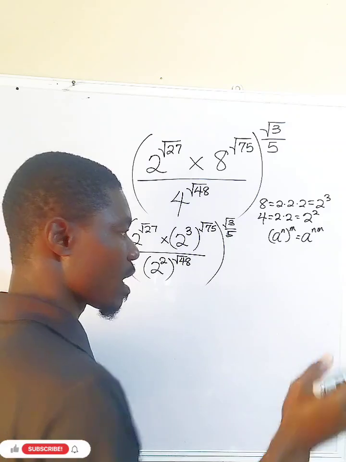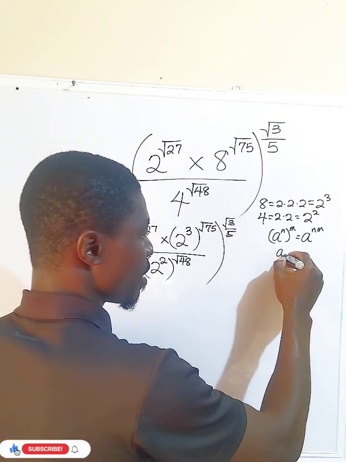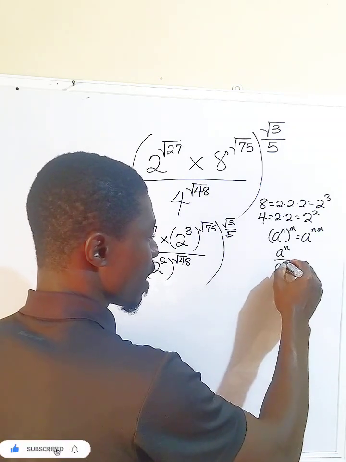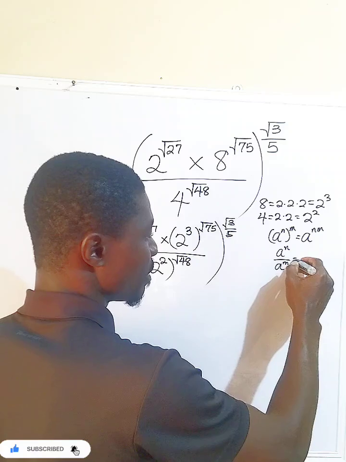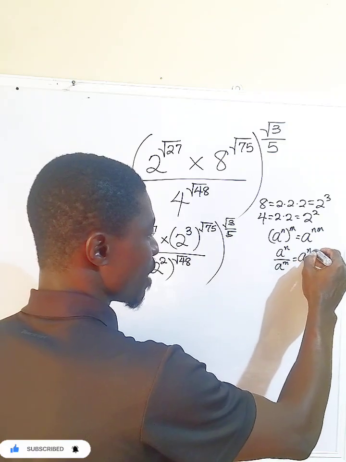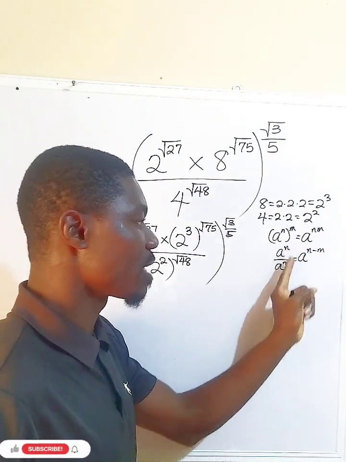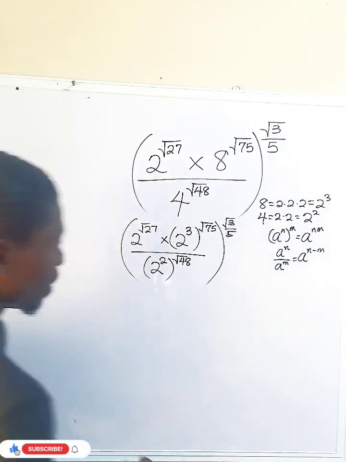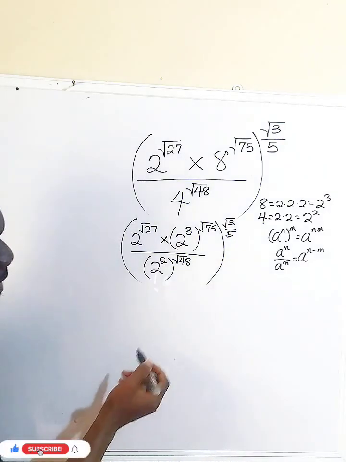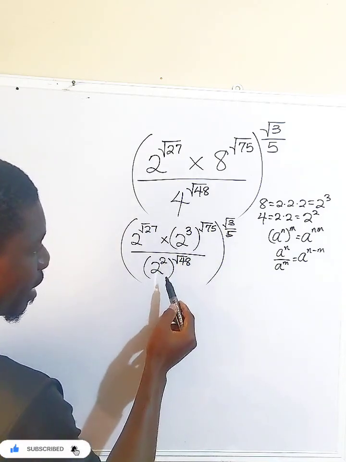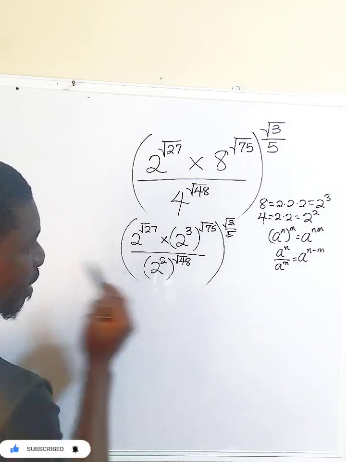At the same time, if you have a raised to the power of n divided by a raised to the power of m, it's the same thing as saying a raised to the power of n minus m, whereby the exponents subtract. Now let us apply this law here.